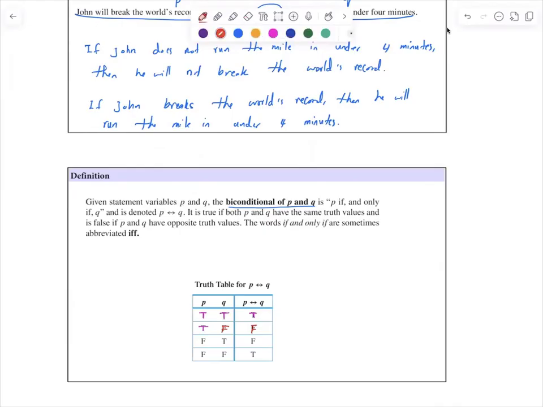And if P is false and Q is true, since they have different truth values, you get false back. And if both of them are false, since they have the exact same truth value, P if and only if Q is going to be true.